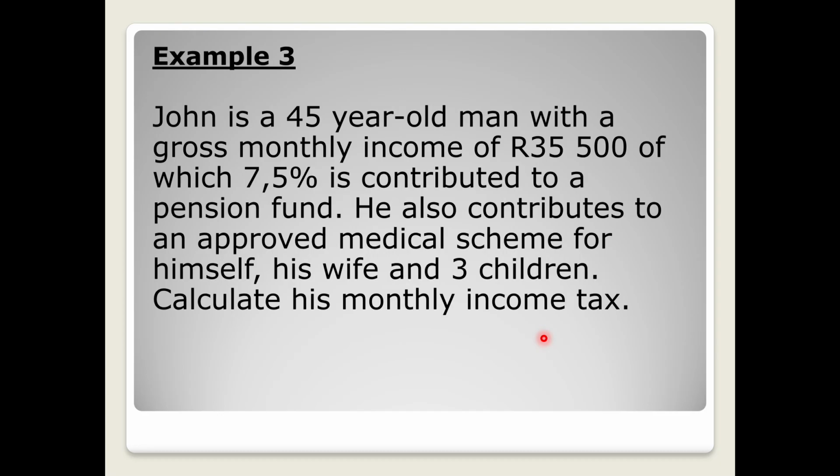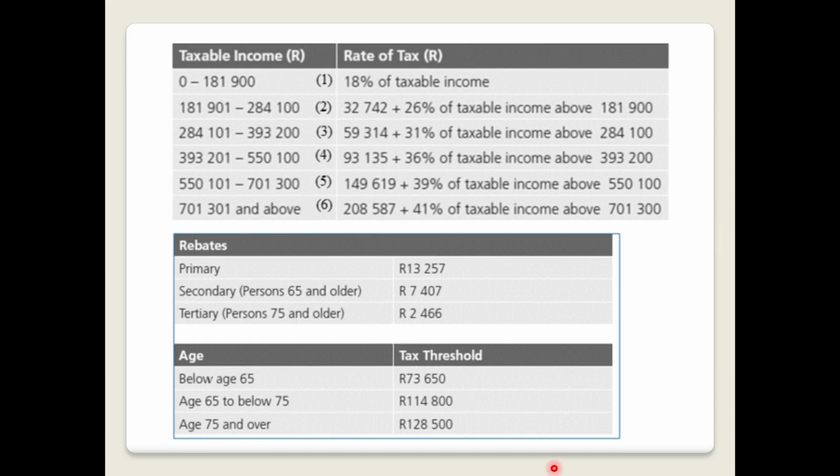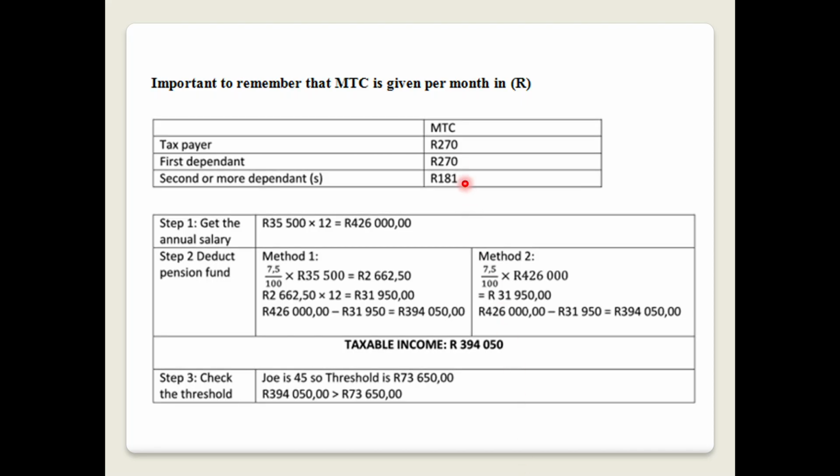Calculate his monthly income tax. All right, so tax tables will of course be provided to us. These are not things that you must know, they will be given. So we have the tax income, rate of tax, the rebates, and then the threshold. On the next slide, we have the medical tax credits.